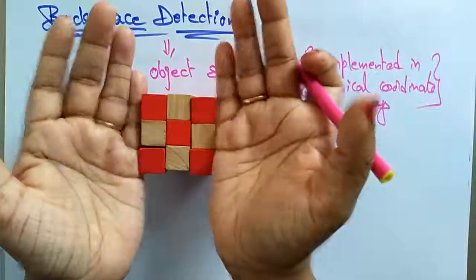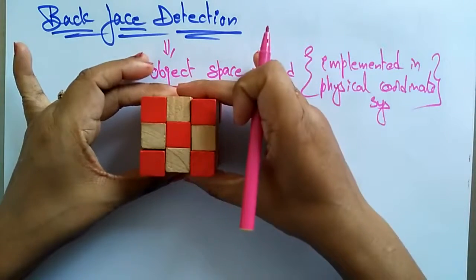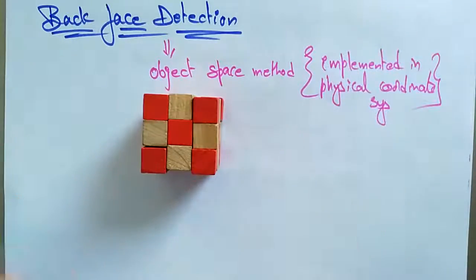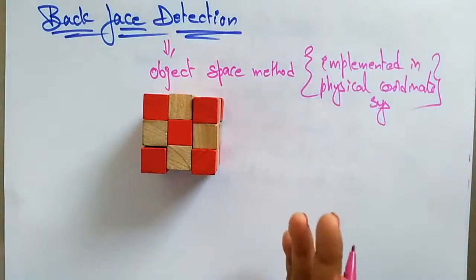Only the front view you are able to see and the back view you are not able to see. Even though you are not able to see it, half of the total number of surfaces is contributing in the memory.